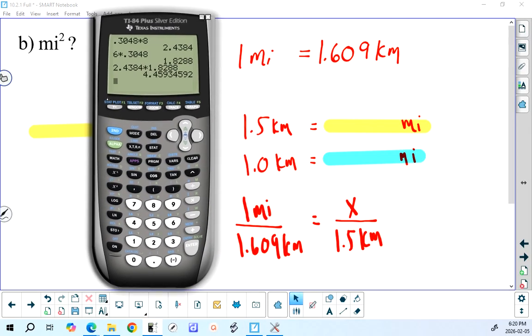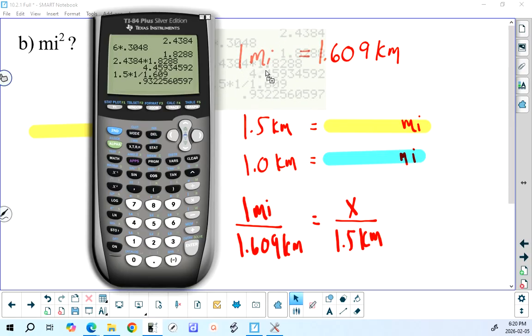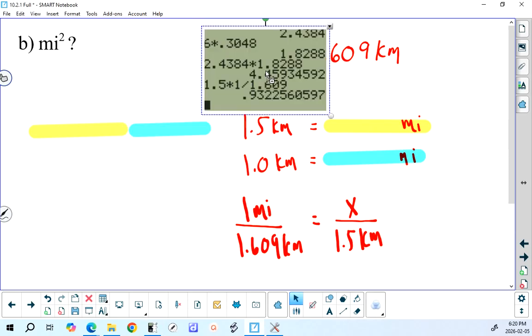It's going to be 1.5 times 1 divided by 1.609. Gives me a little bit less than a mile, 0.932256.